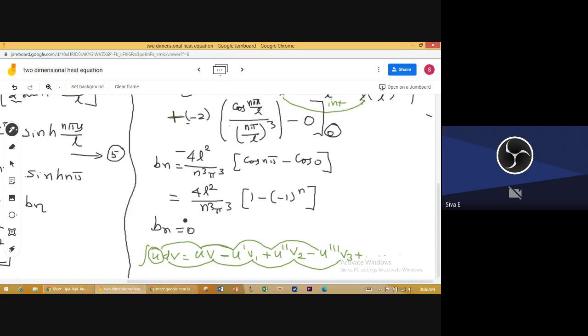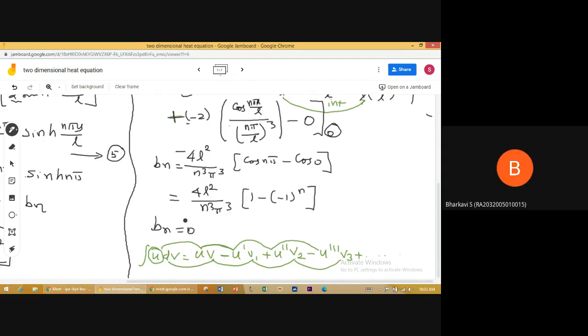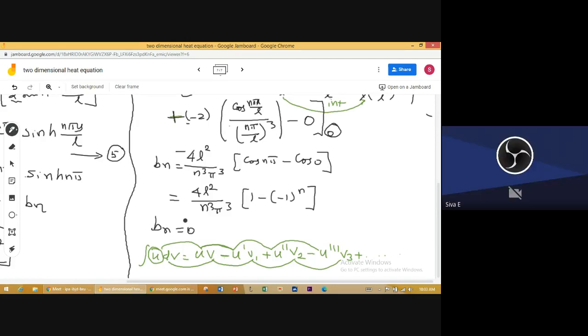I am asking a simple question. 1 minus of minus 1 whole power n. bn equal to 0 when n is even, sir. n is even. Very good. When n is even, bn is 0.